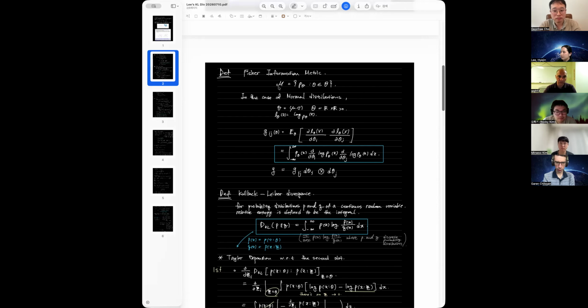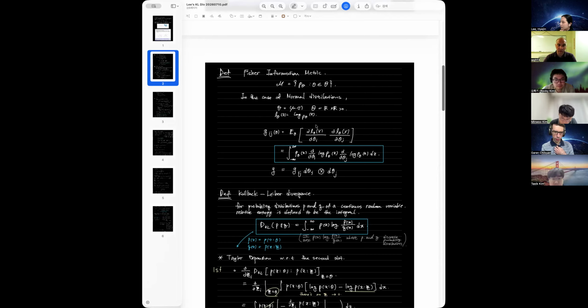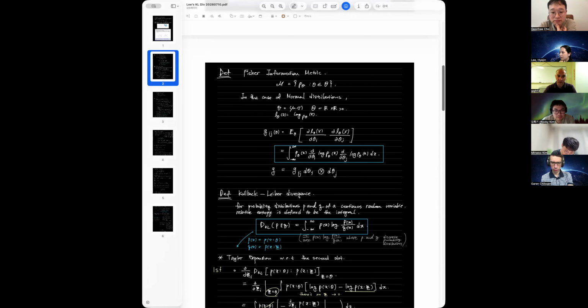First, let M be a statistical manifold like this, and in the case of normal distributions, zeta equals mu comma sigma, and l(zeta; x) is the log likelihood. The Fisher information metric G_ij(zeta) is defined like this.